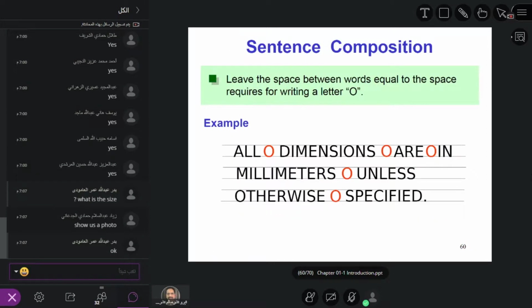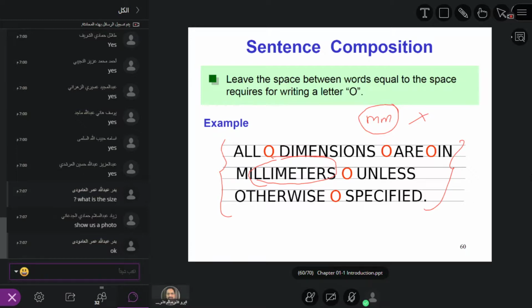Sentence composition: all dimensions are in millimeters. This is a very important indication you have to give in all drawings. You don't need to write millimeters everywhere. It is understood, unless otherwise specified, that all dimensions are in millimeters. Just keep it in mind.